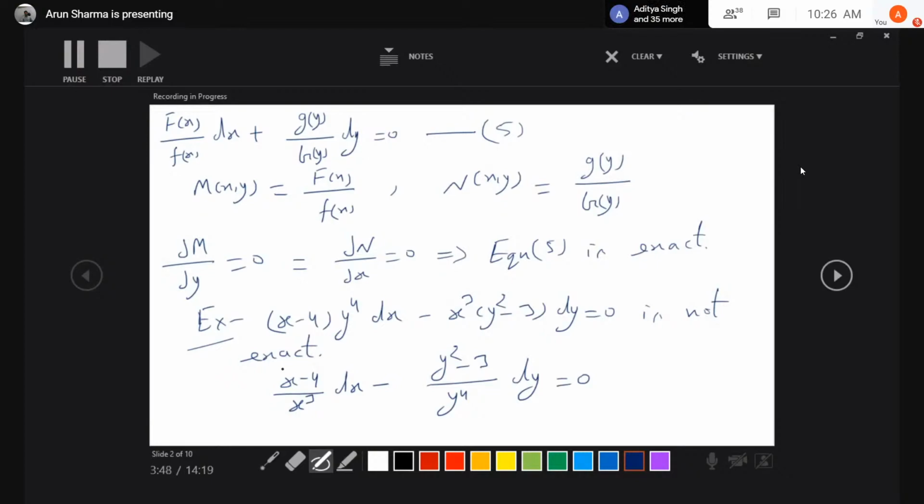Now if you see M(x,y) is this and N(x,y) is this, del M upon del y will become 0 because we don't have any function of y, and del N upon del x will become 0, so they are equal. That means this equation is exact.